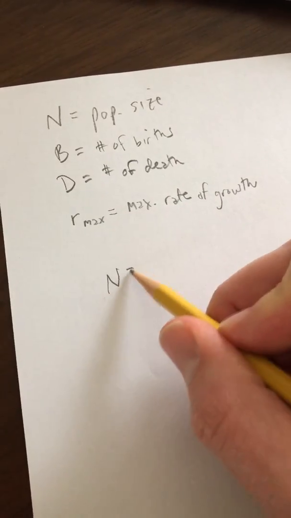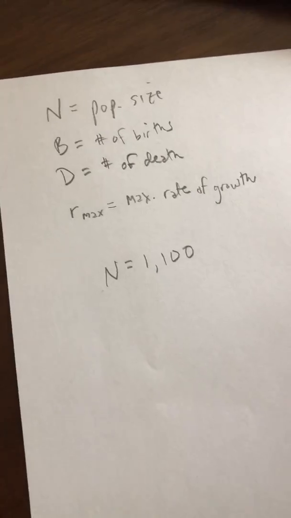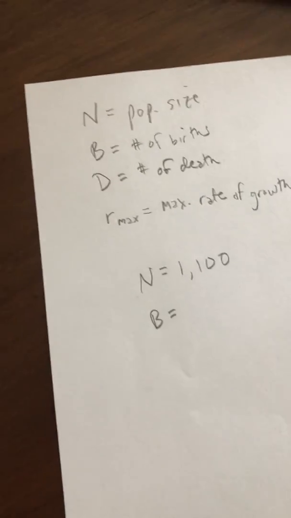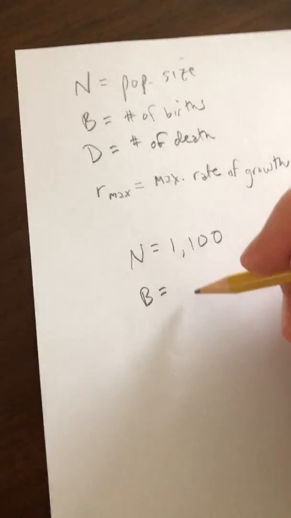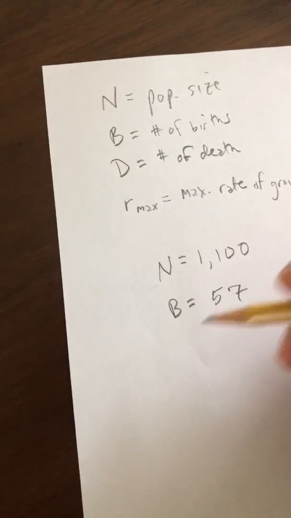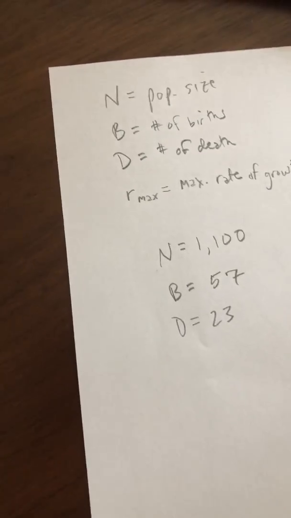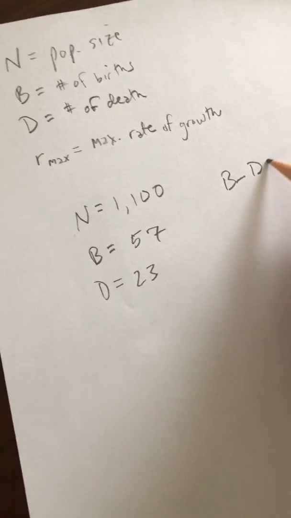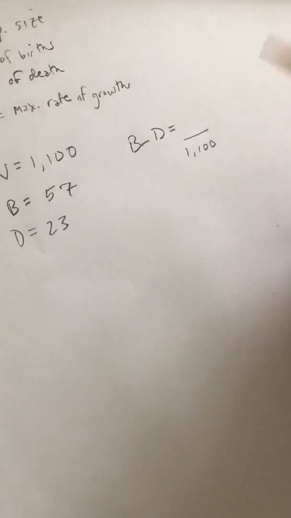Let's say we had a population of, I'm just making this number up, 1,100 individuals of some species, right? And let's say that we had in a given generation, or you could say unit of time, year maybe, we had, I'm just making this up, 57 births and 23 deaths. So what I would do is calculate births minus deaths, and divide that by the total population size.